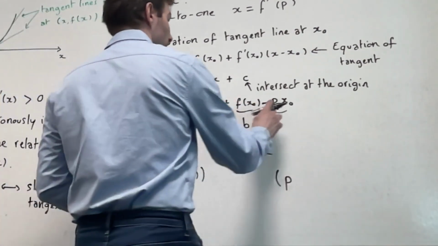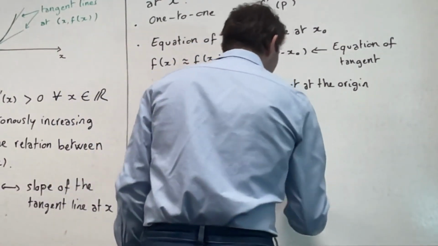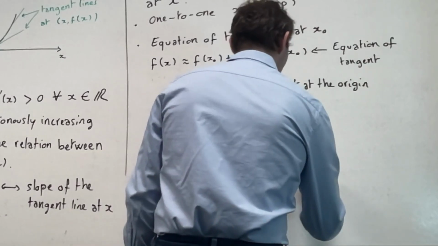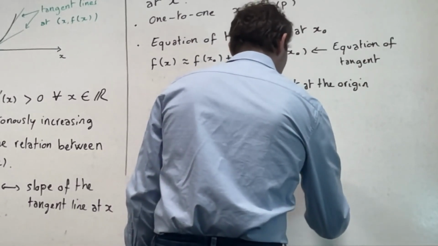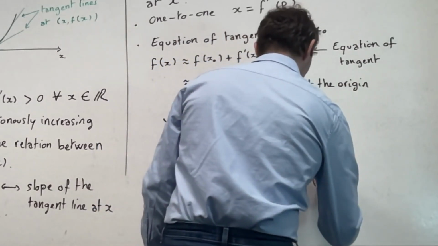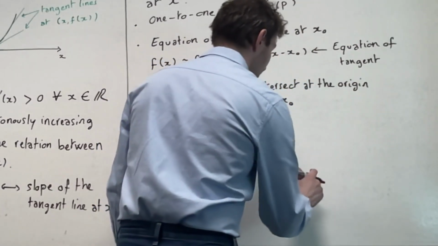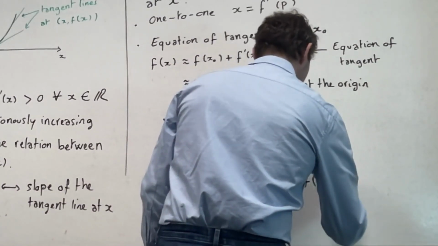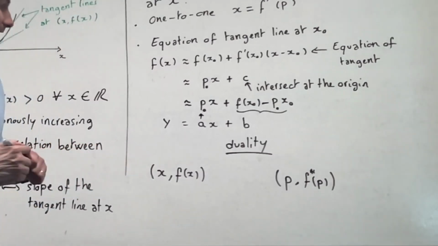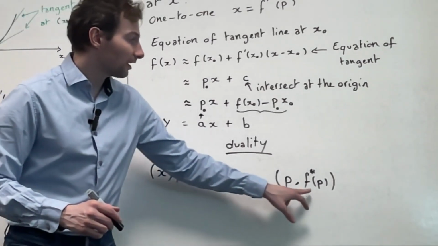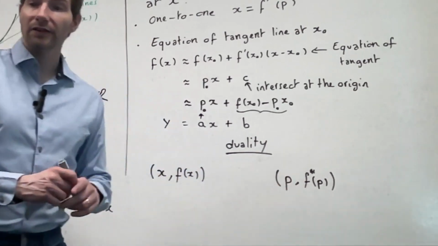And this is actually this quantity here. And actually, what we are going to call that is basically f star of x naught. And in fact, what I'm going to do here is f star of p. Okay, you see, I've got x, f of x, and here I've got p, f star of p.